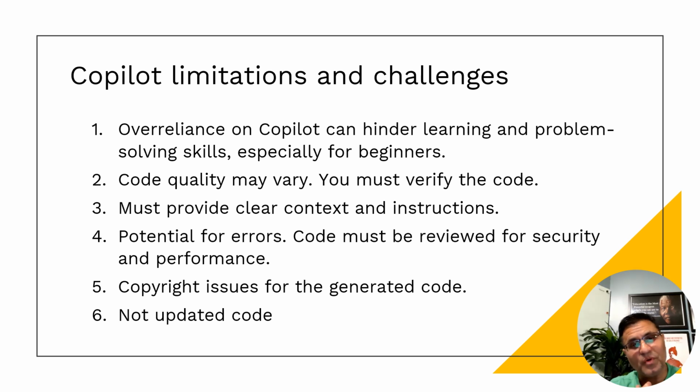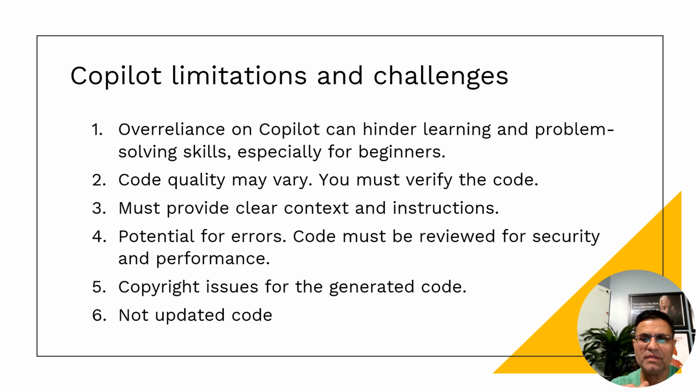It expects you to provide clear context and instructions. That's very important to generate the right output. Again, it has potential for errors. The code may not be reviewed for security and performance, so you have to review it and make sure the code you are using is right, and sometimes it may also have copyright issues.